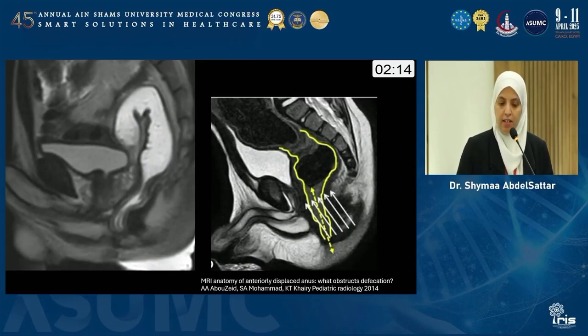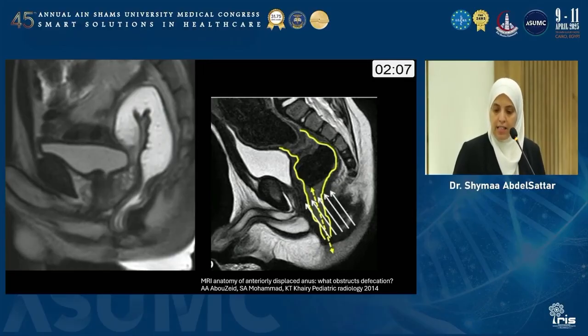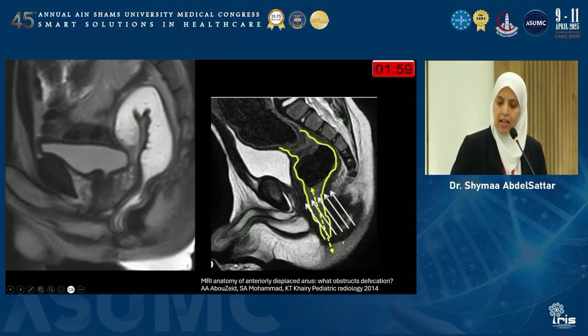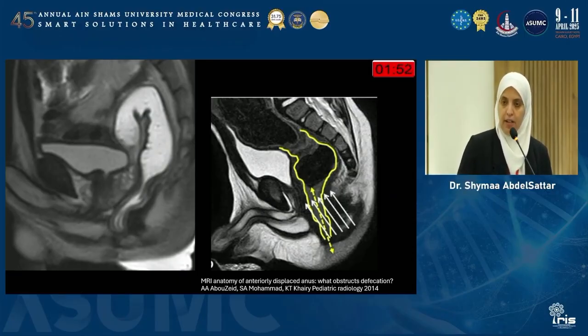Actually, this is a very nice demonstration of the hypothesis we proposed in 2014. This is a case of anterior ectopic anus, shown in yellow, and the white arrows demonstrate the direction of action of the sphincteric muscles.